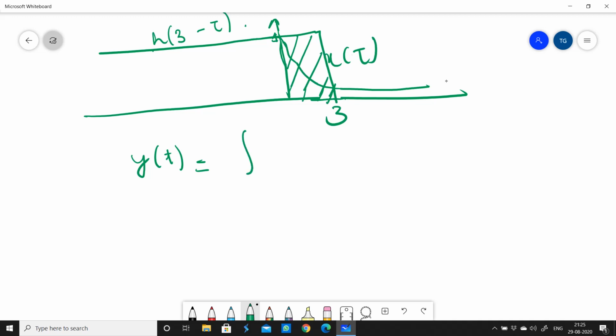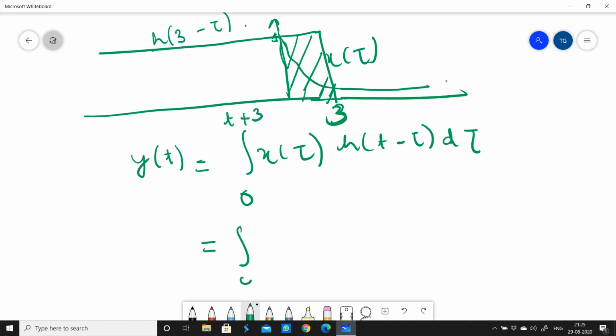So this will be 0 to t minus 3, sorry, t plus 3, because this is starting from here. So this is nothing but x of tau, this is equal to h of t minus tau into d tau, and this is equal to integral 0 to t plus 3, of 1 into e to the power minus 3 tau d tau.